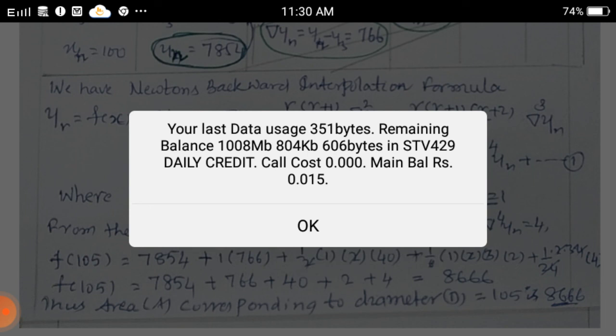To find the value of y outside, that is extrapolation. In this case, we find the value of area at x is equal to 105. This is outside the range. Therefore, this is extrapolation. So extrapolate the value of y at the given value of 105.